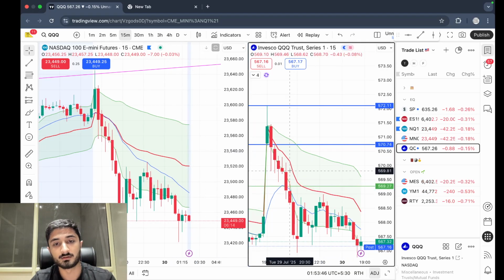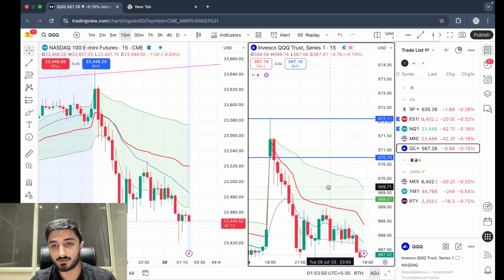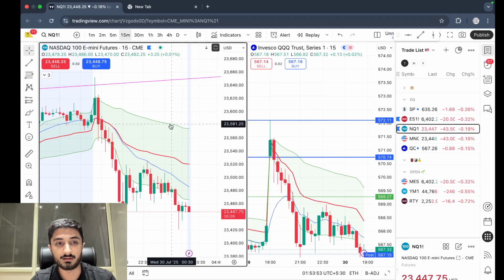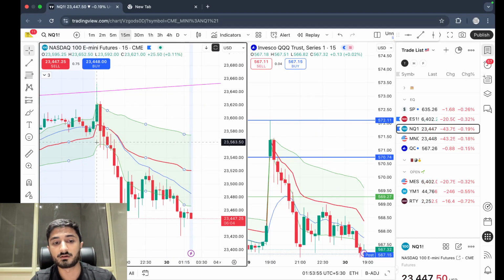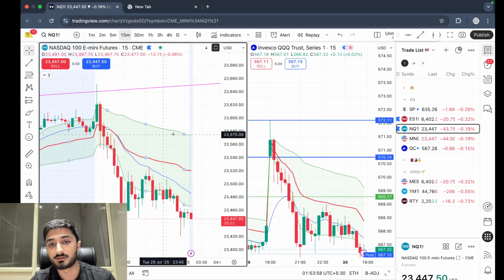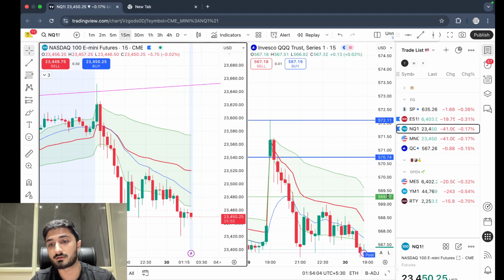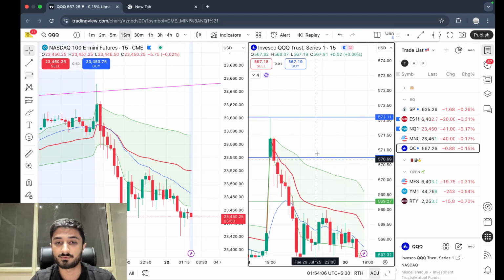This is called the opening range strategy. At 9:30 Eastern time, or 7 Indian time, you open the Nasdaq futures chart, or you can load up QQQ for Nasdaq.